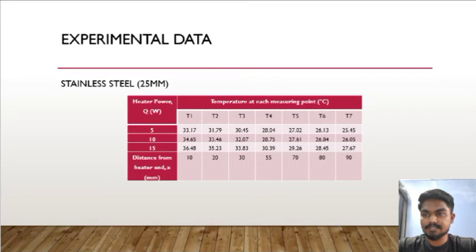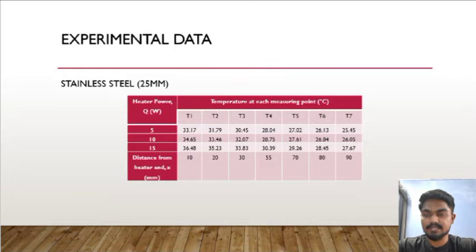So for the experimental data, we have two specimens, which are stainless steel and brass with a 25 mm diameter. The experiment is carried out to find out the temperature at each measuring point with 7 different locations. The manipulated variable was the heater power.